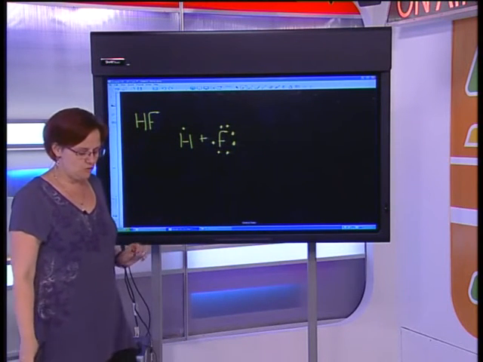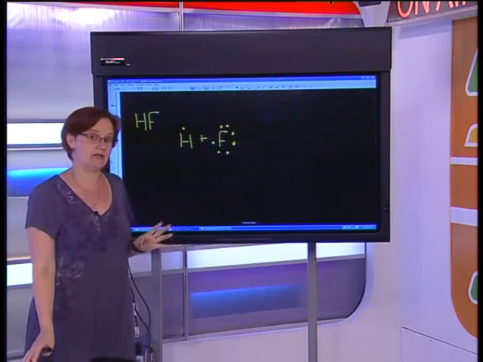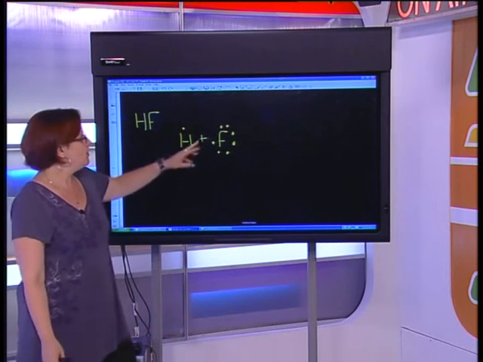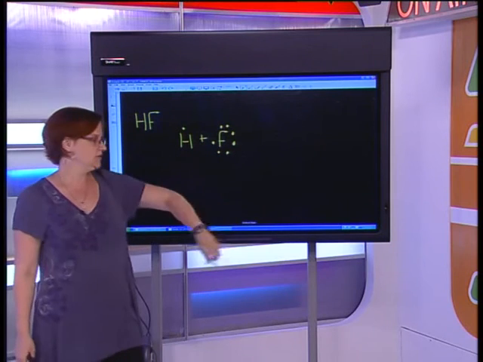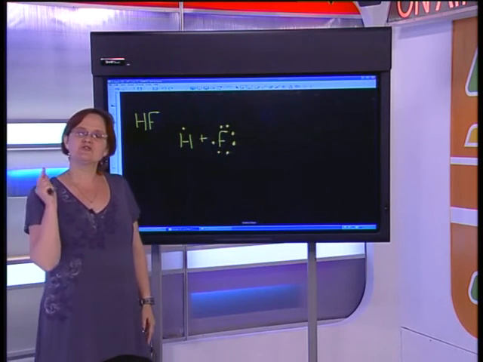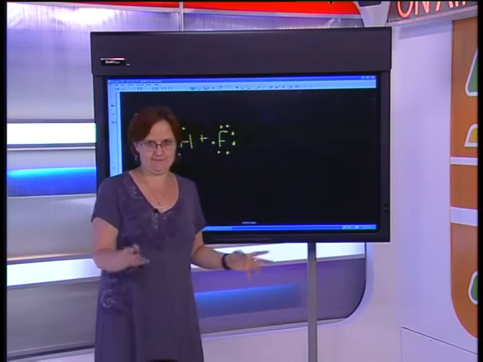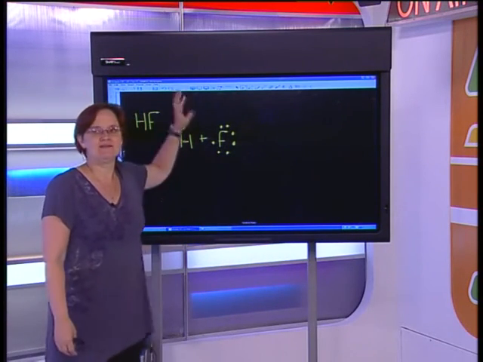If you go to your electronegativities, and remember I said it has to have an electronegativity difference of less than 1.7: fluorine's electronegativity is 4, hydrogen's is 2.1, so they have a difference of 1.9. That is huge.